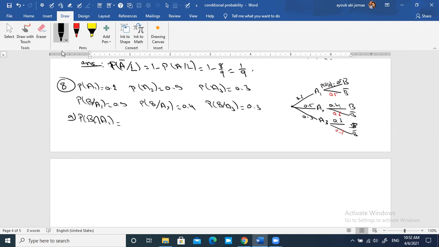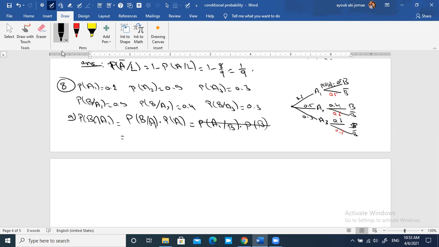How to find the probability of B intersection A1? There are two ways to write the rule: probability B given that A1 times probability of A1, or probability of A1 given that B times probability of B. Both give the answer 0.3. Which one do you apply here? The first one, since you are given this.